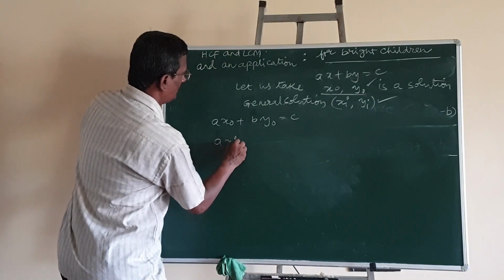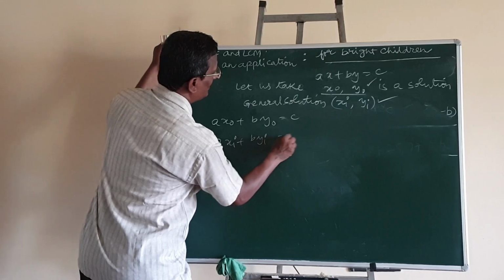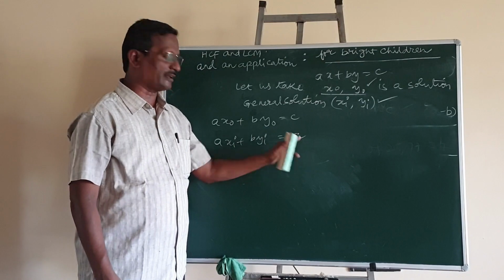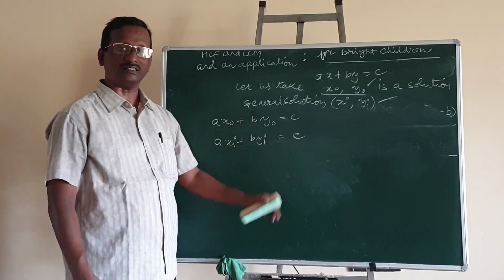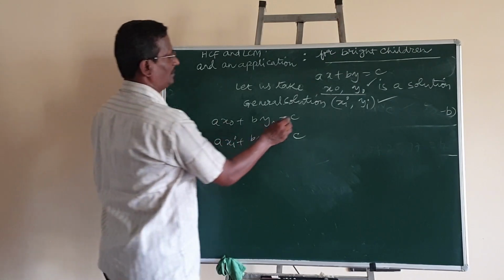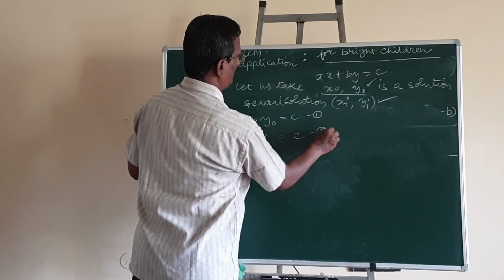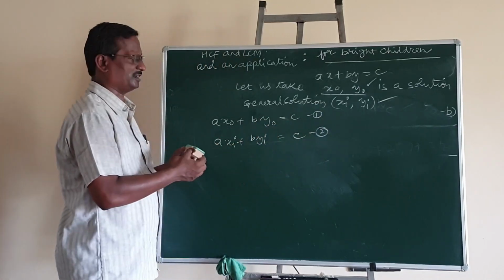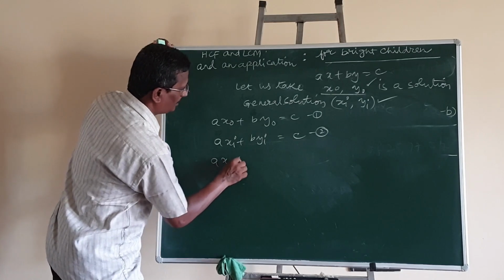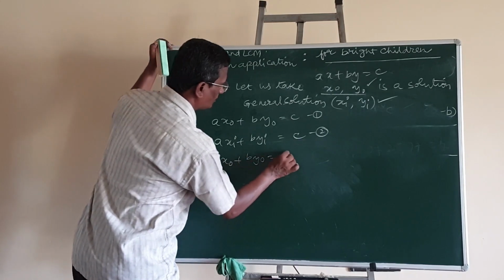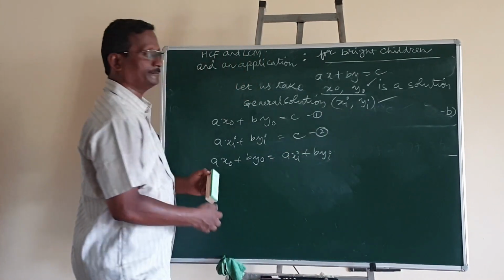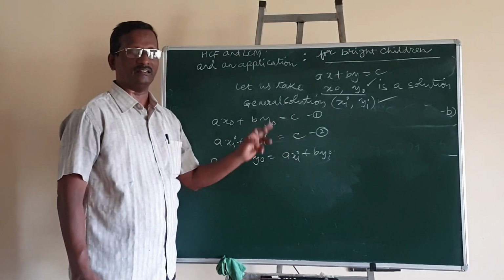A xi plus b yi is also equal to c. What is here RHS? c, and here RHS c. Since the RHS is the same, we equate the LHS of this first equation and LHS of the second equation or condition. Now on equating, a x0 plus b y0 is equal to a xi plus b yi. So this is by eliminating c we got.